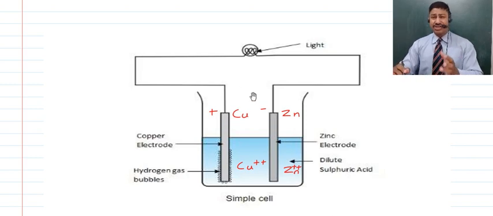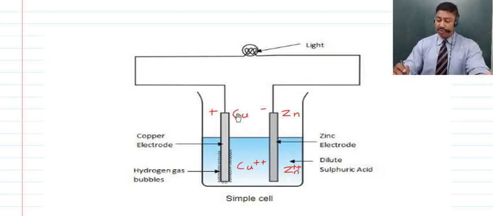Remember, the direction of flow of the conventional current is from the positive electrode to the negative electrode, and the direction of flow of the electronic current is from the cathode, the negative electrode, to the positive electrode. However, we always consider the direction opposite to the flow of electrons, that is the conventional current's direction, to be the actual current's flow.